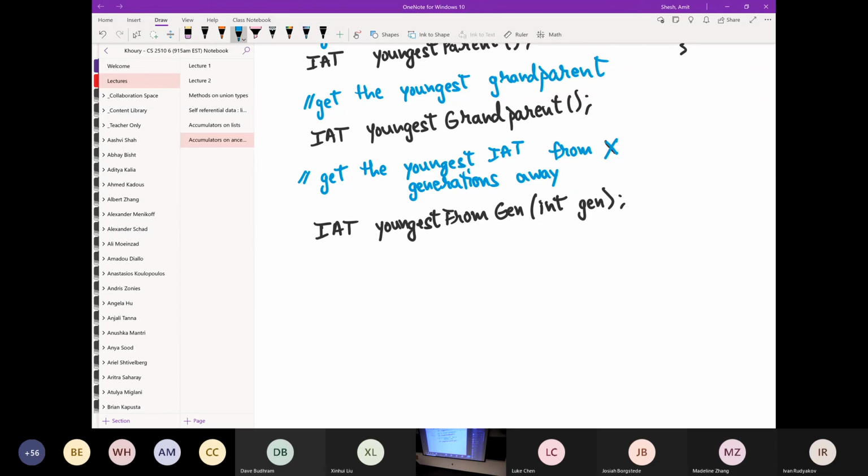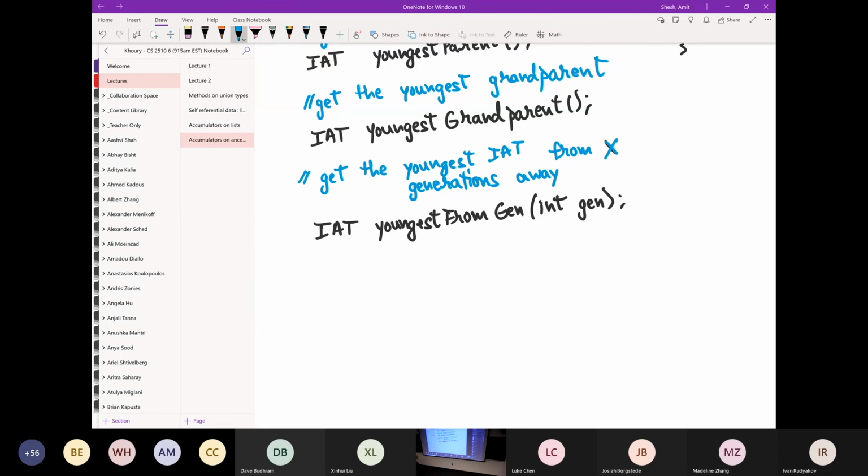So the youngest IAT from X generations away is the younger of the youngest IAT X minus 1 generations away from my mom and the youngest IAT X minus 1 generations away from my dad. If you could not articulate it, try to relate this to parents and grandparents. I express the youngest grandparent 2 generations away in terms of youngest parents 1 generation away.